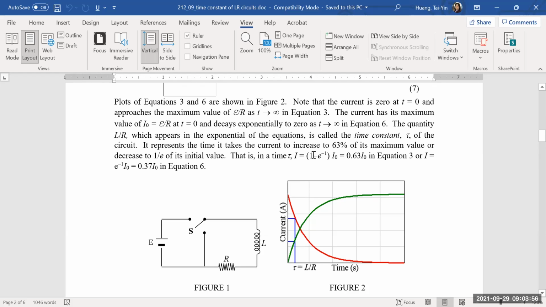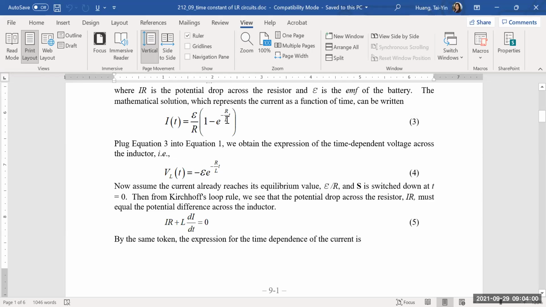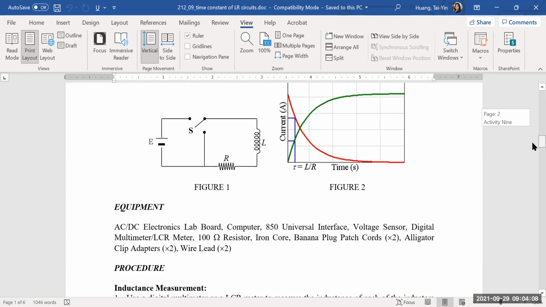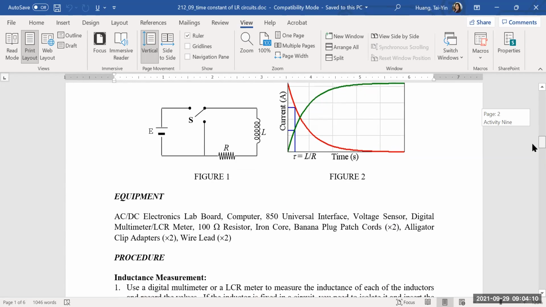So in other words, you just plug in 1 time constant, 2 time constants into the equation, and that will tell you how much current is remaining in the circuit. Okay, so that's basically the physics of the LR circuit.